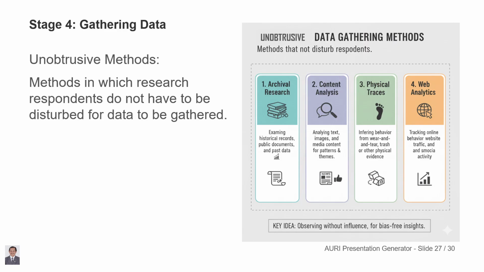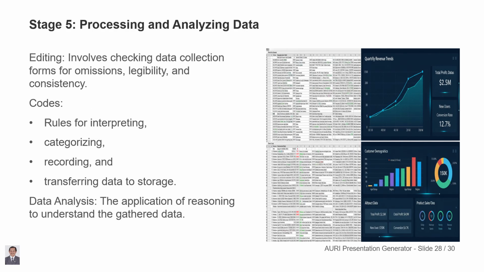consumer behavior organically. Once raw data is collected, it moves into the fifth stage of the research process: systematic processing and thorough analysis. This stage begins with editing. Editing involves carefully checking all collected data for omissions, legibility, and consistency. After editing, we apply codes. Codes are rules for interpreting, categorizing, and recording data in a standardized format.